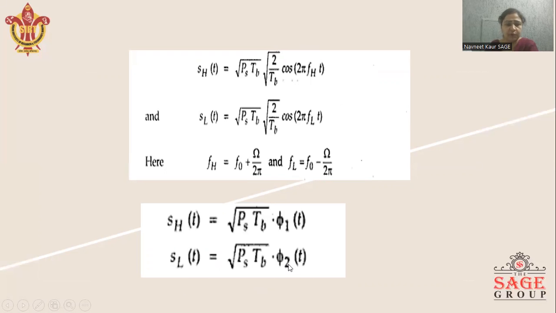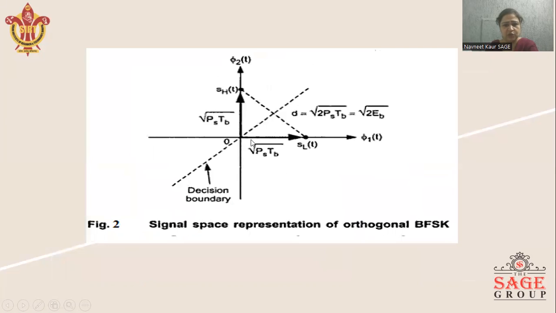Now if I want to represent it on the signal space, I will have two orthogonal directions, phi1t and phi2t. So here we can see phi1t is given in this direction and phi2t is taken orthogonal to phi1t.